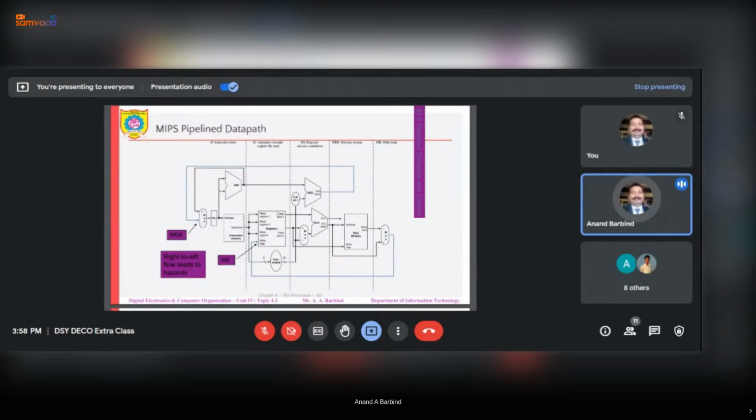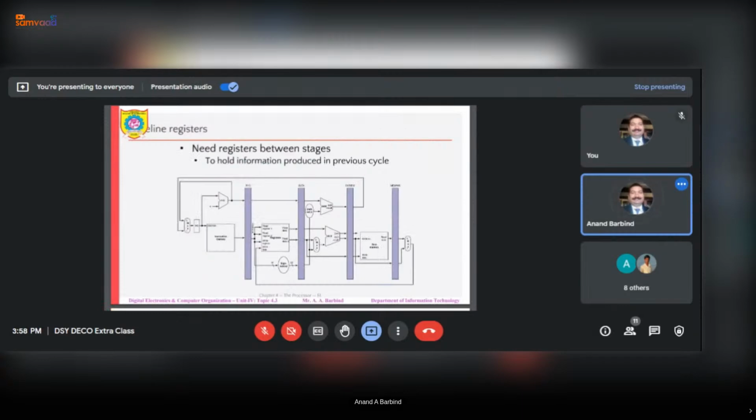So this particular diagram shows that we have divided the architecture of the processor into 5 different sections. At the junction of the partition of this MIPS processor, we need to introduce a register called a pipeline register.